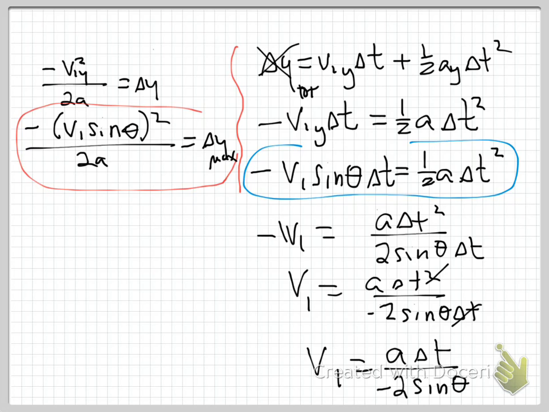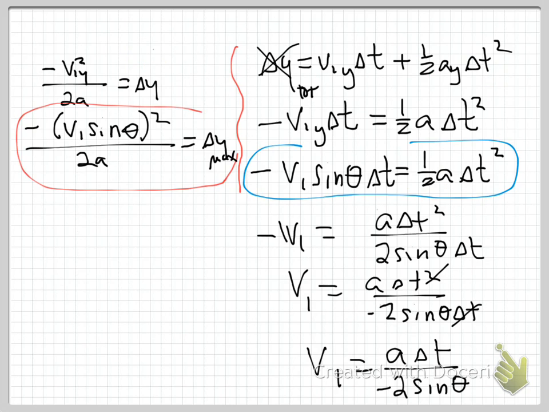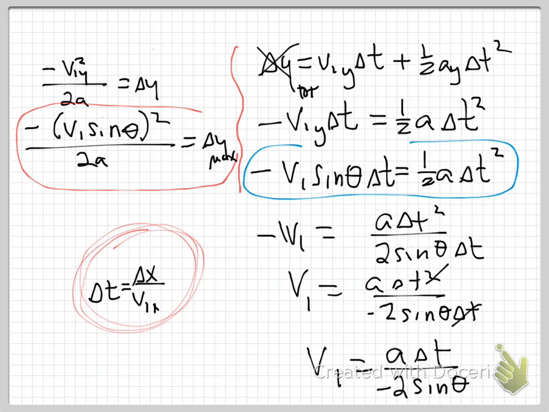Now what? Back to here and back to there. Back to our expression for delta t, which we can plug into there. So we'll do that together on the next page.